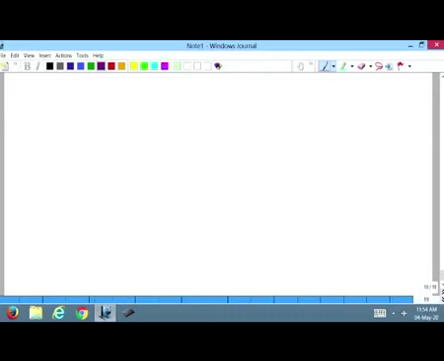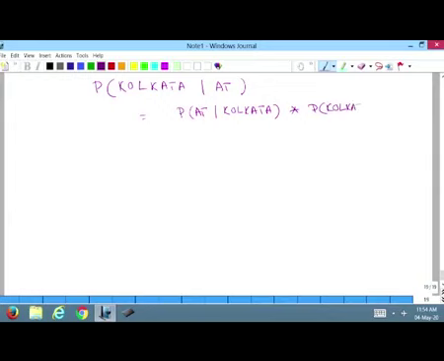Therefore, what we want to know is probability of Kolkata given AT successively is equal to probability of two successive letters are AT given Kolkata into probability of Kolkata, divided by probability of AT as the two successive letters.